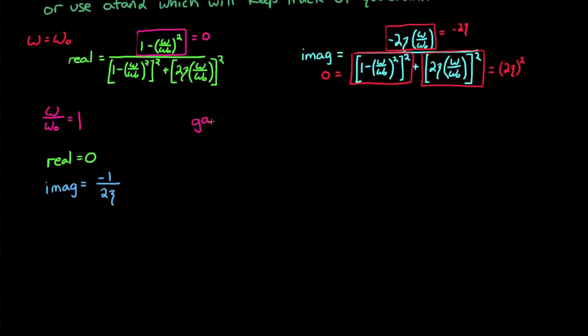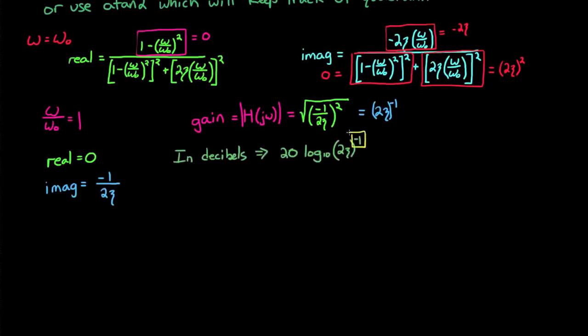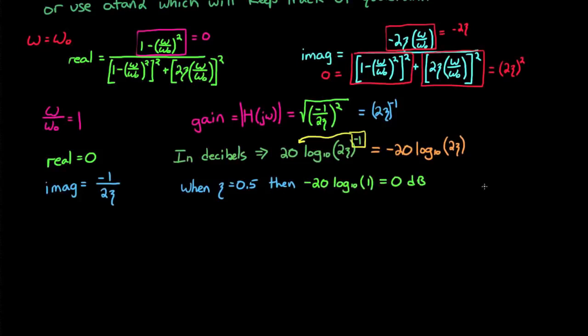Again, we solve for gain in the usual manner and get 1 divided by 2 zeta. If we convert this to decibels, we get minus 20 times the log base 10 of 2 times zeta. At this point you should note that if zeta equals 0.5, then we take the log base 10 of 1, which makes it 0 decibels, or no peak at all.